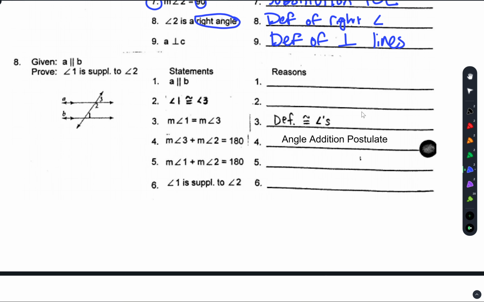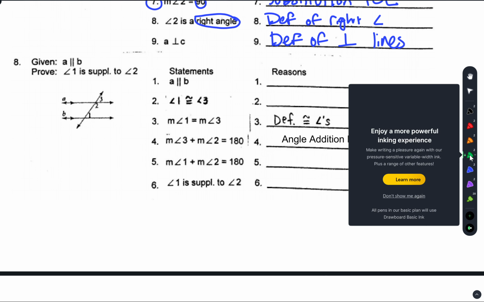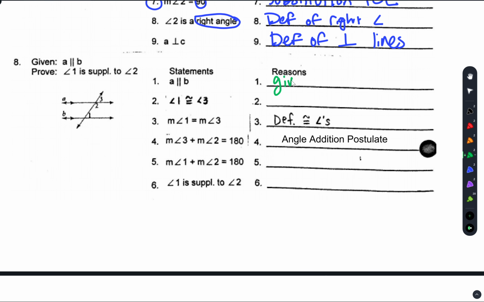Okay, one more. A is parallel to B is our given statement. That's the only given that I have. Why do I know that angles 1 and 3 are congruent then? What do we call those? What are they? What do we got? Casper.